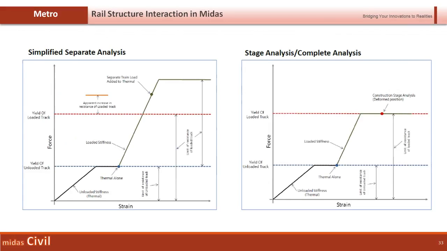Now this graph is showing a simplified bilinear curve for the development of track longitudinal resistance force. By longitudinal resistance force, I mean the force of the track per unit length resisting the longitudinal displacement, whatever force is needed to resist it.